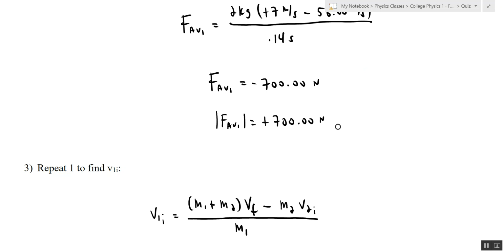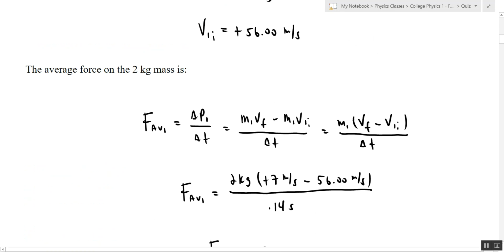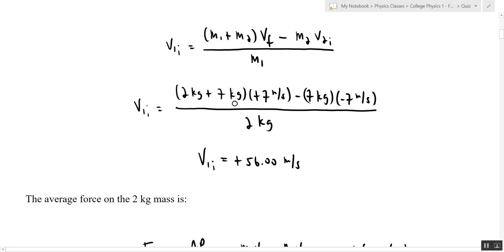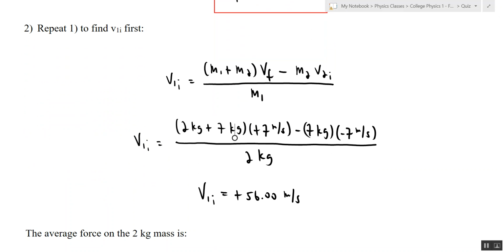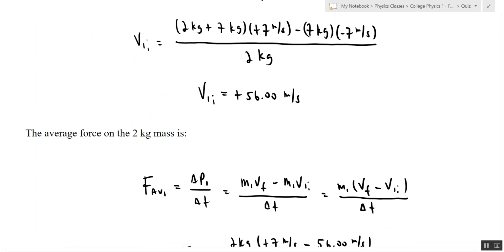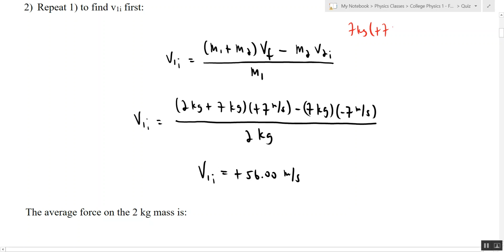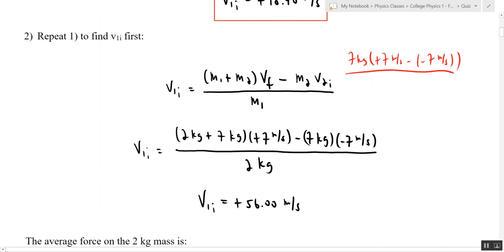You could also get it, by the way, by just finding the force on mass 2, which was 7 kilograms. Let me show you here. All right, so it'd be 7 kilograms times vf, which was 7, minus the initial velocity of mass 2, which is 7, so it's 14, divided by, what was it, 0.14.